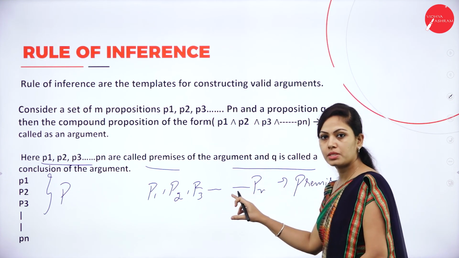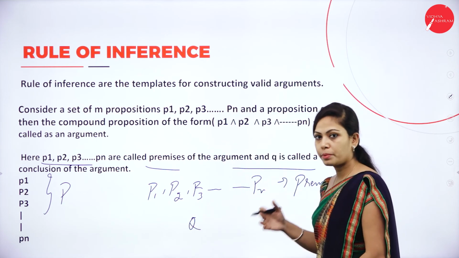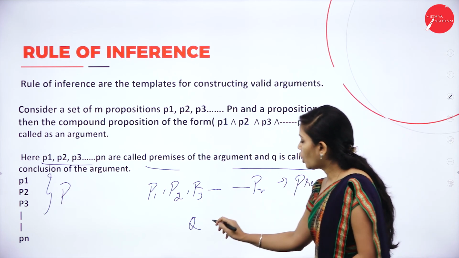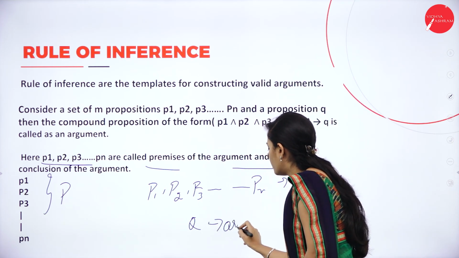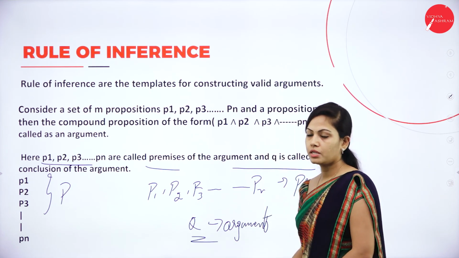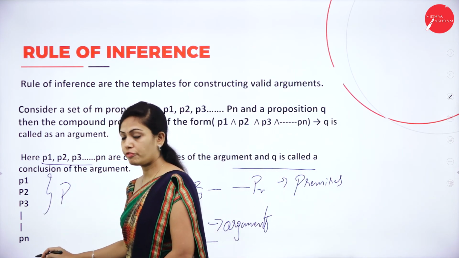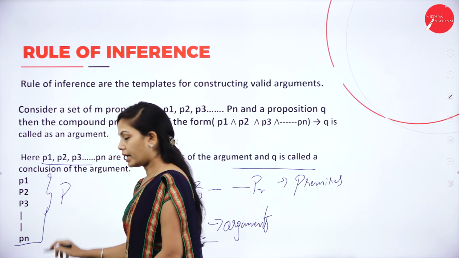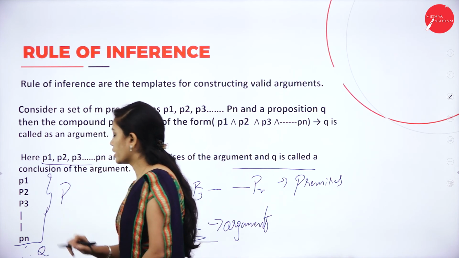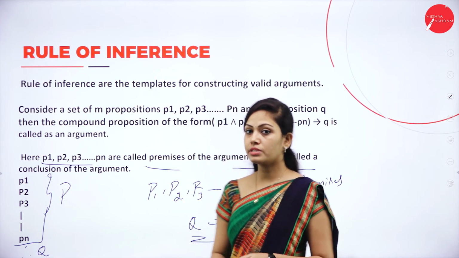With the help of these premises, we are getting the conclusion called Q. This is just an example I am explaining here. Clear? This is a basic concept you have to understand.